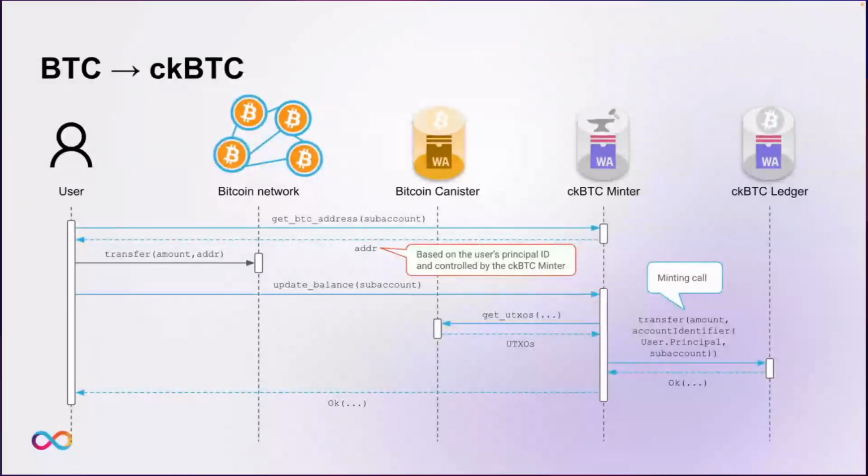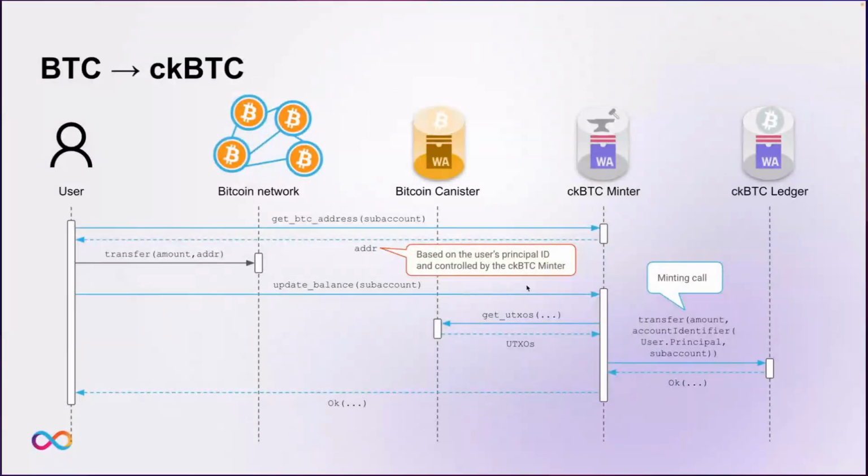Now that we have the deposit address, we transfer the BTC we want to convert into ckBTC to that address, which is a Bitcoin address on the Bitcoin network. So this is a transaction on the Bitcoin network. After the transaction is final, we call the update balance method on the minter to notify it, triggering it to check for new UTXOs that are associated with our address.